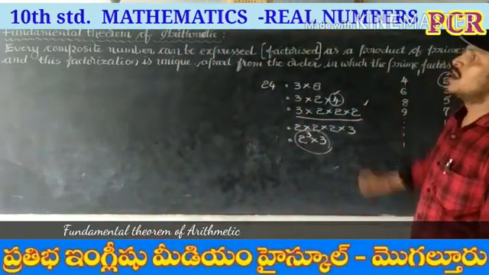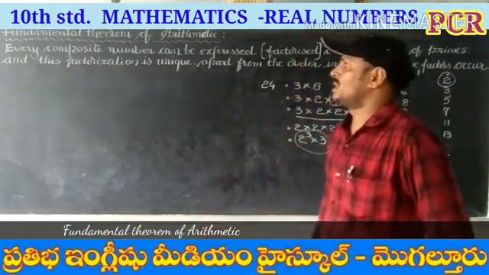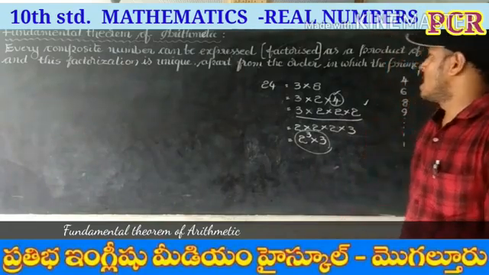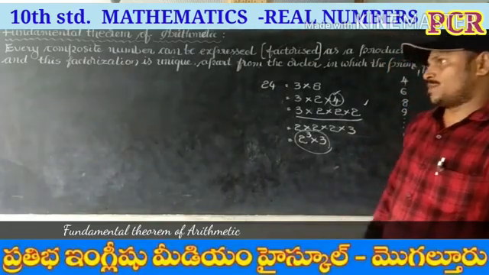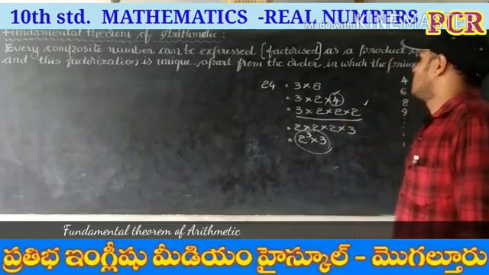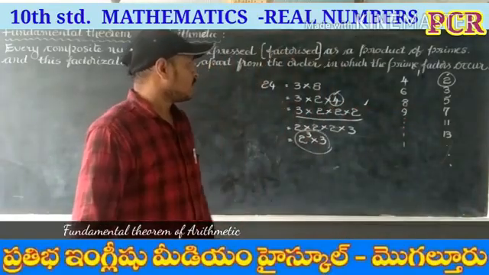So this is called the fundamental theorem of arithmetic. What is the fundamental theorem of arithmetic? Every composite number can be expressed as the product of primes, and this factorization is unique apart from the order in which the prime factors occur.